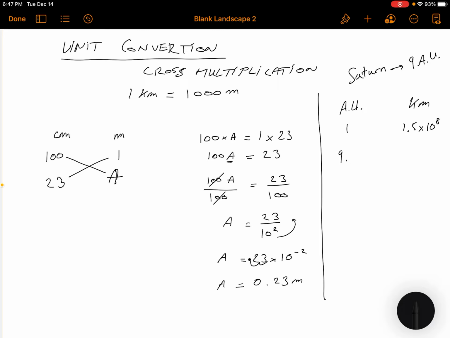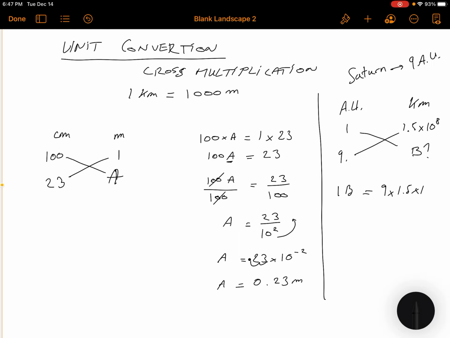So to know how many kilometers this is equivalent to, let's call this unknown number b. I will multiply the first leg of the cross, and that would be equal to the second leg of the cross.